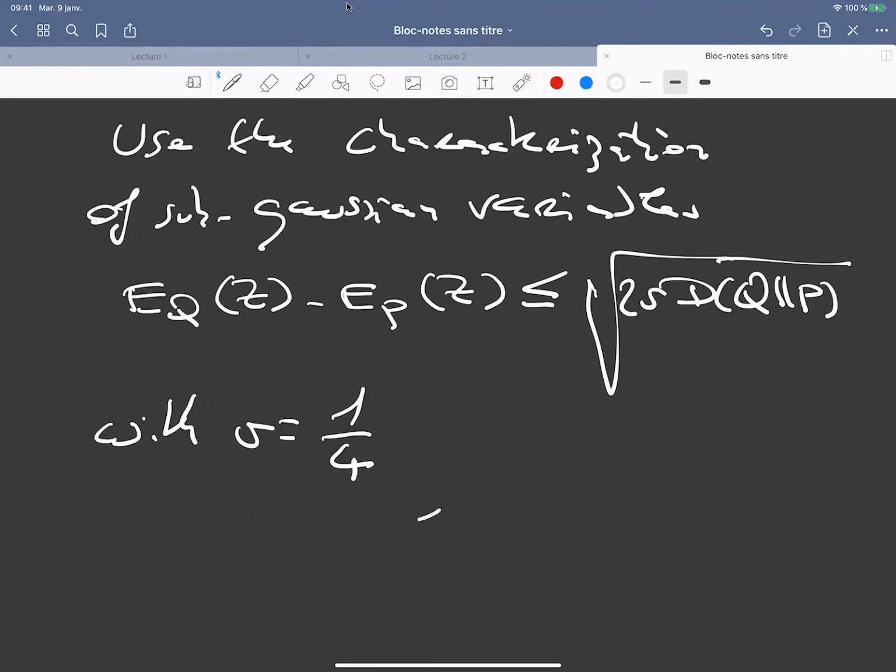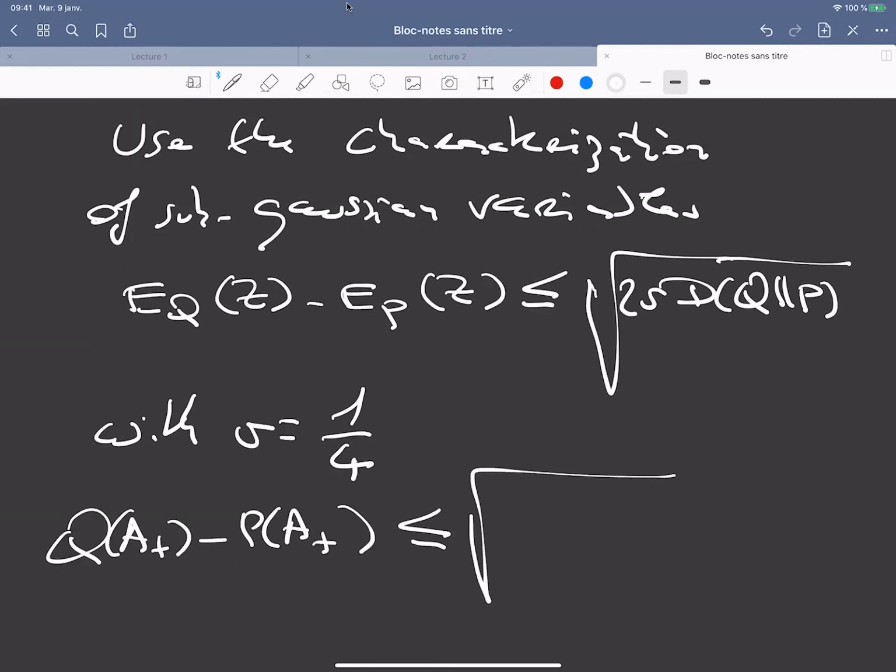And therefore, this gives you that Q of A plus minus P of A plus is less than the square root of the relative entropy over 2. And this is Pinsker.